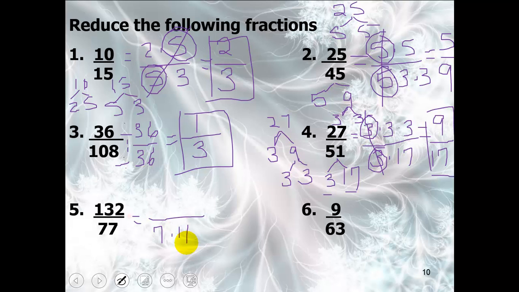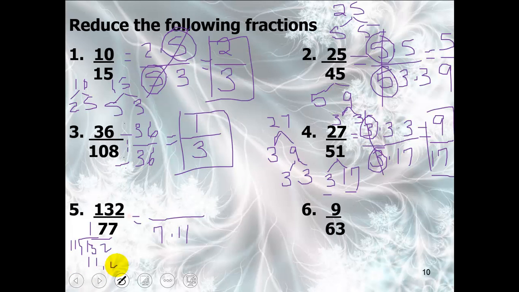Now, I'm going to see if 7 goes into 132, and it does not. So now I'm going to try 11. I'm going to use long division. Okay, 11 goes into 13 once, with a remainder of 1.